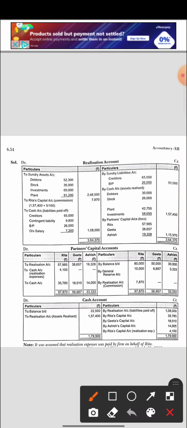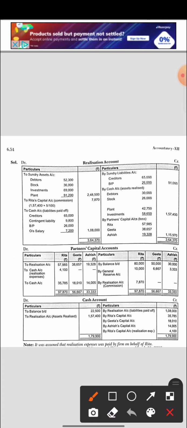Then we have commission, we have to pay for the commission also in the debit side. And so that's how we prepare realization account, and that's why we prepare realization account. And after we do that, we just transfer the money to the partner's capital account, and then we prepare the cash account or the bank account, which are the same.